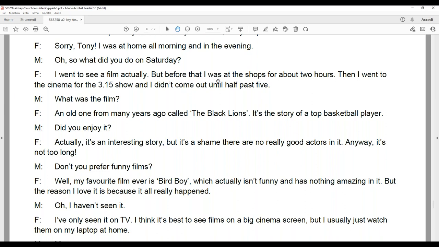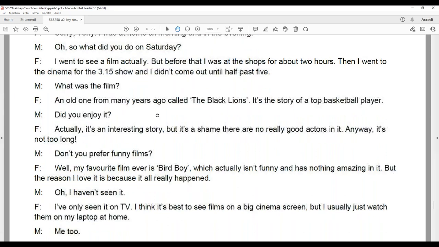But before that, I was at the shops for about 2 hours. Then I went to the cinema for the 3:15 show, and I didn't come out until 5:30. What was the film? An old one from many years ago called The Black Lions.